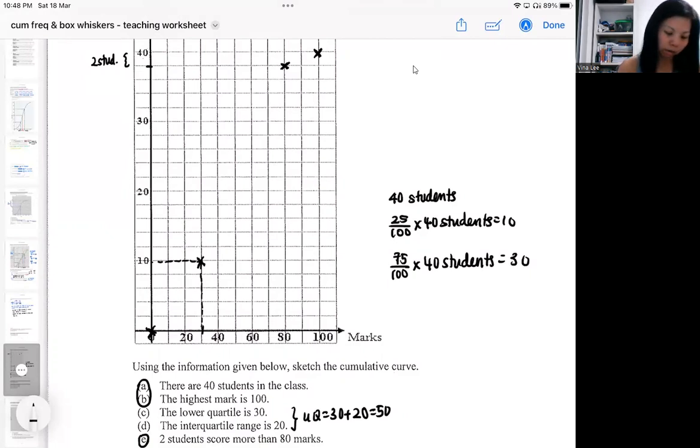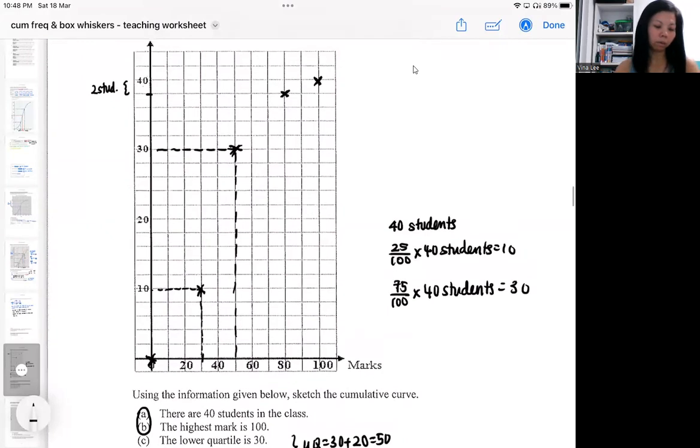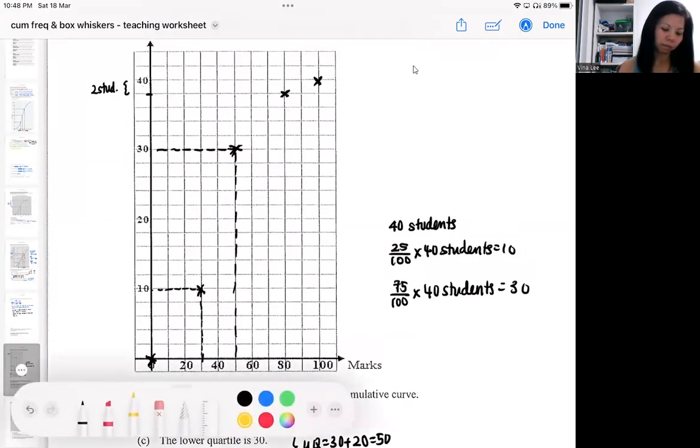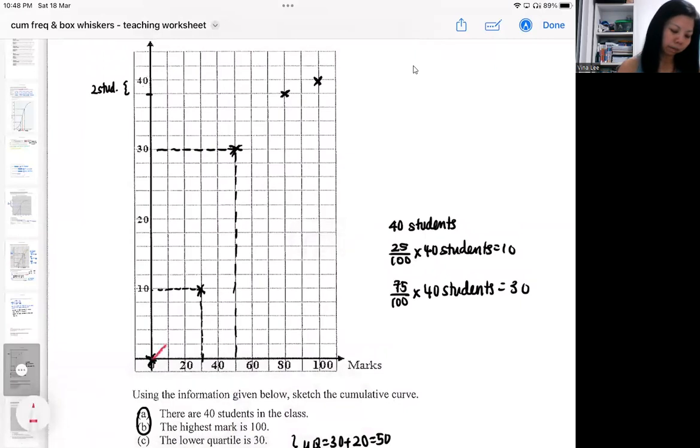So 30 students and 50. So with all the dots, I can join them to get a cumulative graph. So it will look something like this.